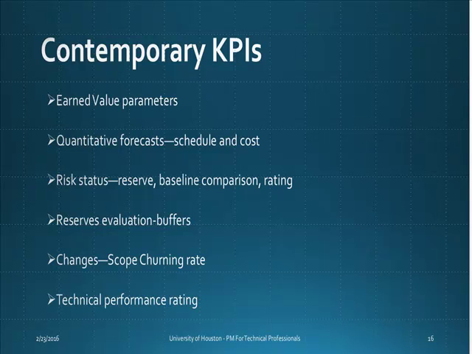Change control: say we have a 2% increase in our scope. We call it scope creep, and of course it matters a lot to how it will affect our project management, and how we are going to deal with it. And the last one, technical performance rating.